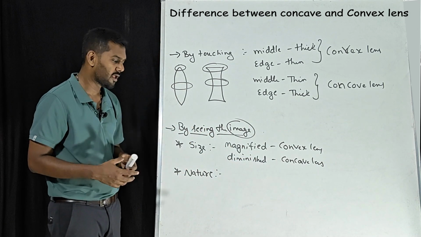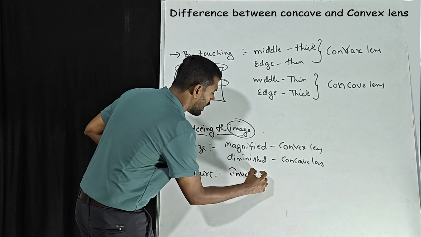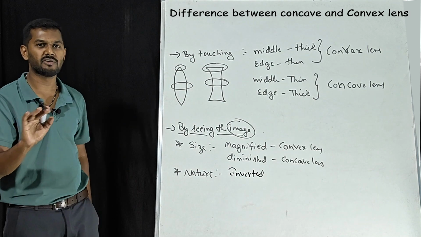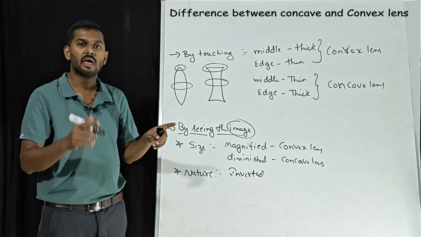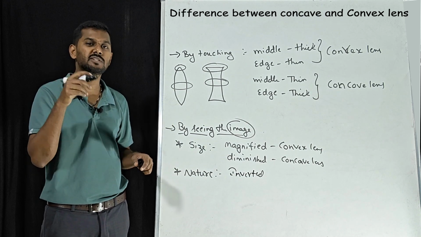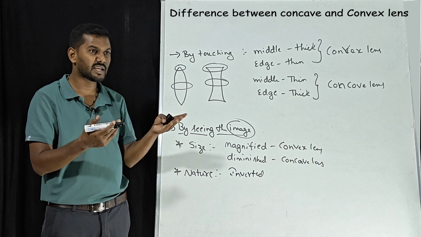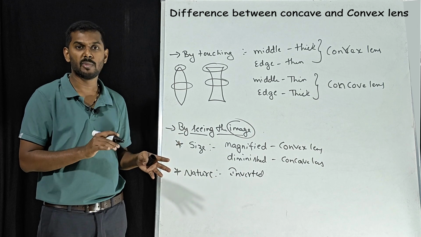Next, nature. Whether the image is real or virtual we cannot identify by looking. Only while drawing the ray diagram can we say, by intersection. If you see the intersection of refracted rays, that means it is real. But we cannot see the refracted rays, we can see only the image, correct?